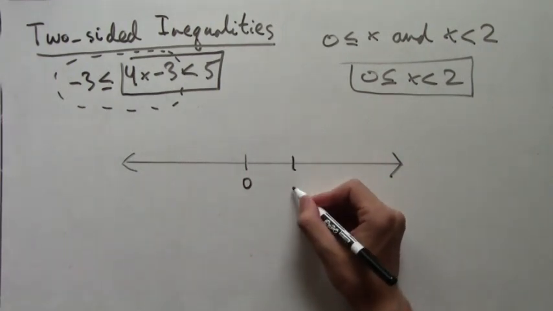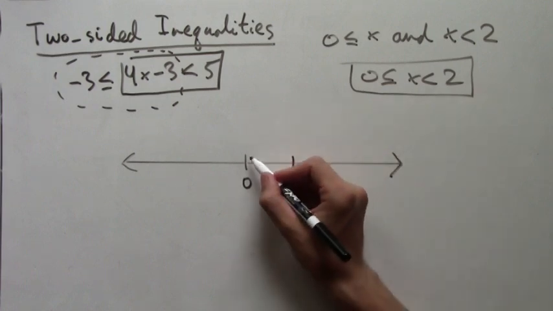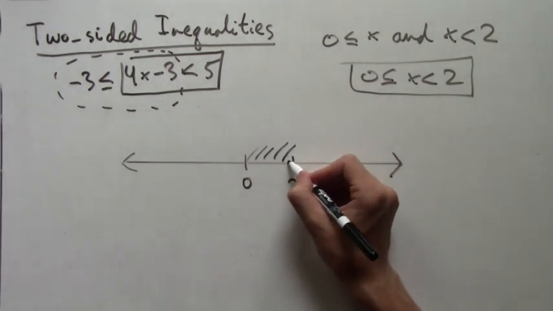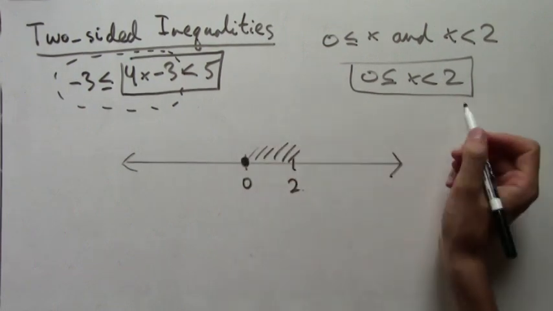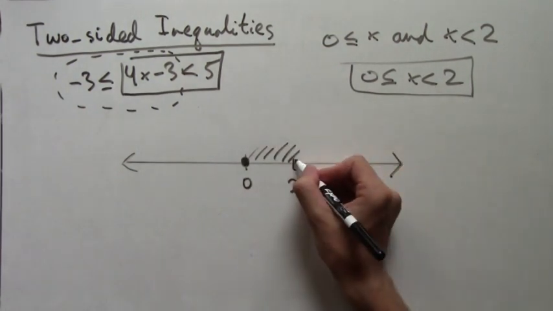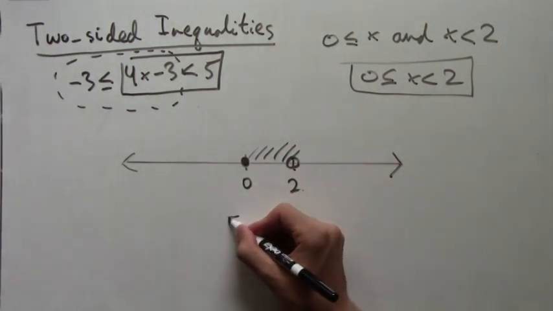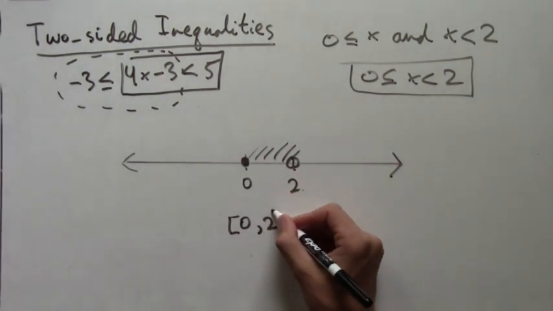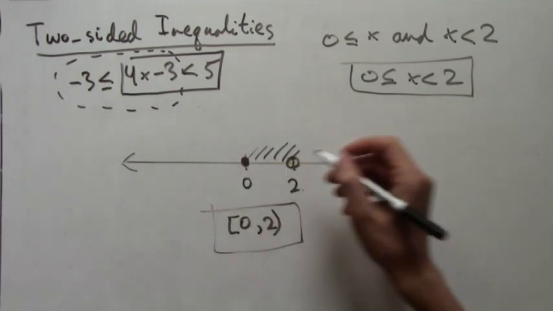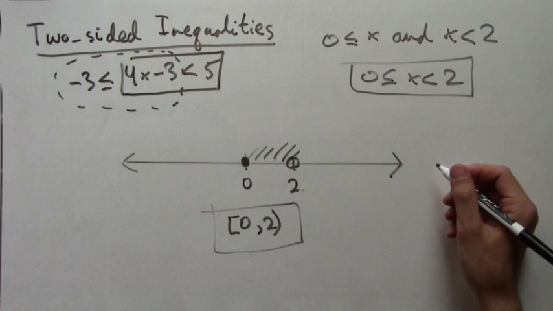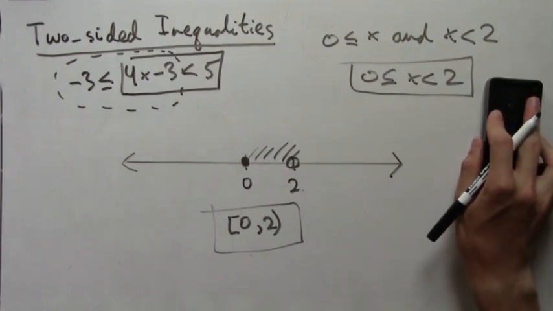We have x between 0 and 2, so we highlight this, and then we have to mark the endpoints. The 0 is less than or equal to, so we want to include it. The 2 is strictly greater than, so we don't want to include it. That is why we have a solid circle on the 0 and an open circle on the 2. In interval notation, we put a square bracket by the 0 and a regular parenthesis by the 2. So this problem is now solved.